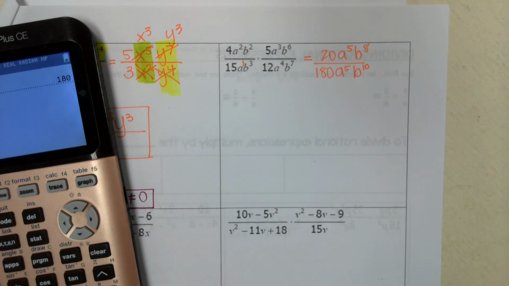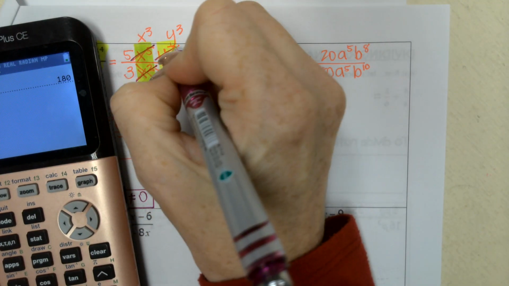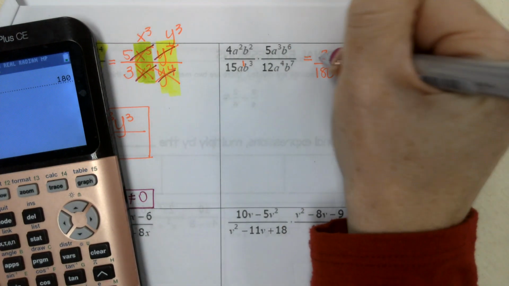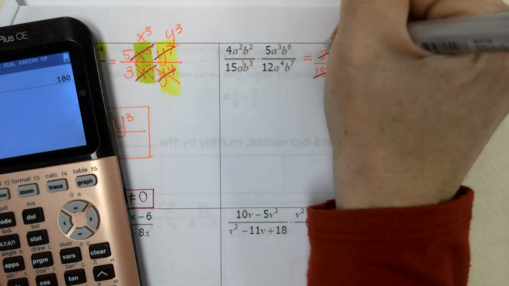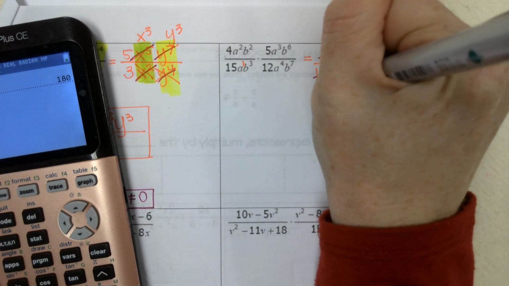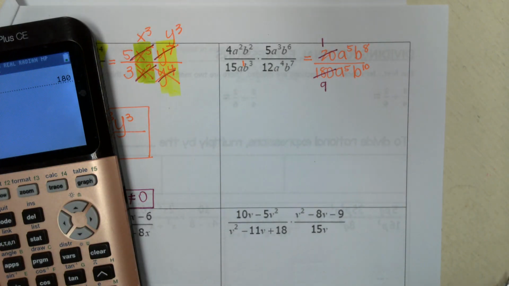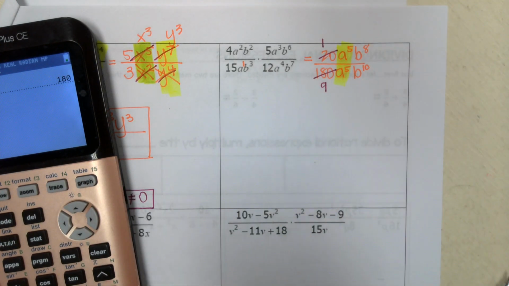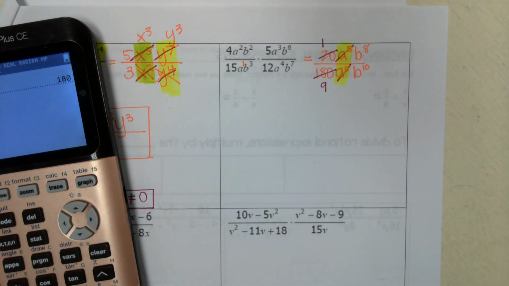I'm actually going to change colors with my reductions right here. Now, 20 and 180. What does that become? 1 over 9. What happens with my a values right here? Everything cancels out because it's a 1-for-1 cancellation.